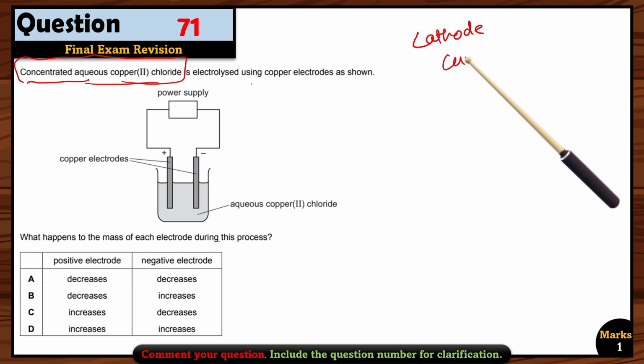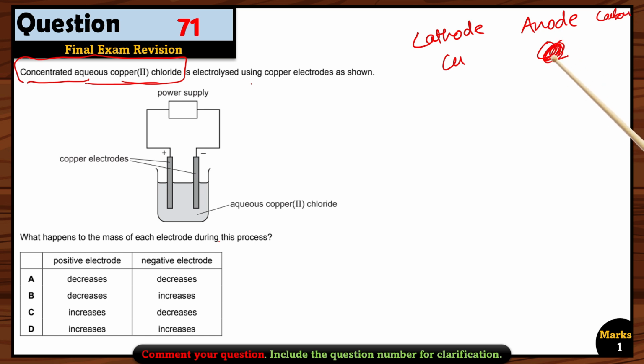But at the anode, if it's copper sulfate, you are going to get oxygen if there are carbon electrodes, and if it is concentrated, you are going to get chlorine gas at the carbon electrodes.